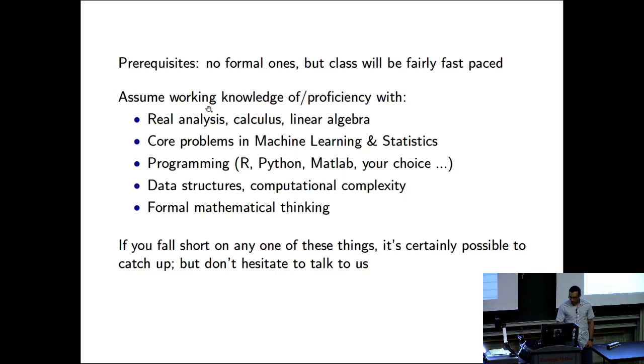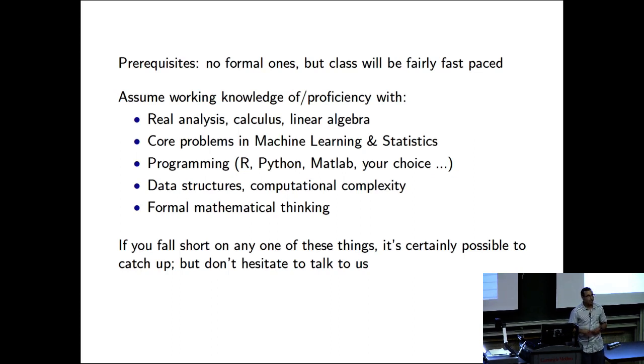The last two items here are really vague, but we're going to be assuming that you have a rough working knowledge of data structures and computational complexity. So if we say something requires linear time or quadratic time, we're assuming you know what that means. And this one is the most vague of all. A lot of what we do, we're going to try to be rigorous about why algorithms converge or why certain things occur in terms of convex optimization.